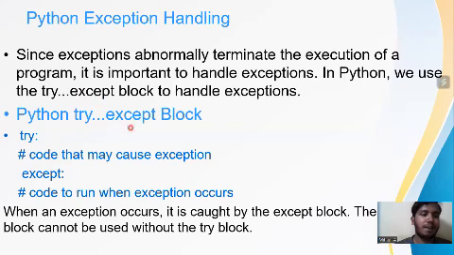This is the syntax: we use try with a colon and the code that has to be tried, and except with the code to be run when the exception occurs. When an exception occurs, it is caught by the except block, and the except block cannot be used without a try block.